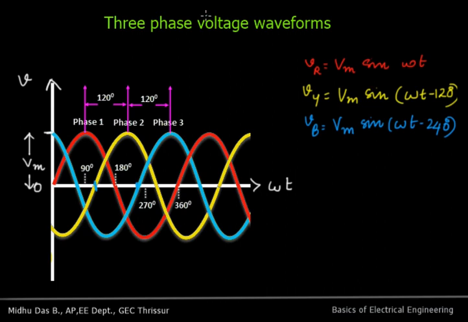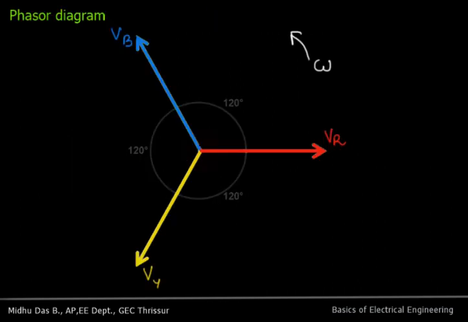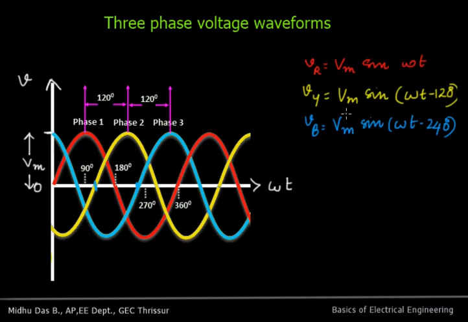Now, how will you express these voltages in phasor form? As I said, VR is taken as reference here, with magnitude Vm. You can see the magnitudes of these voltages are the same: Vm sin omega t, Vm sin omega t minus 120 and Vm sin omega t minus 240.